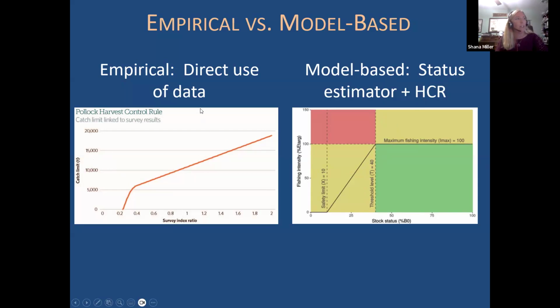So we have empirical and model-based harvest strategies. Empirical rules are sometimes viewed as simpler to execute and understand, and so those may be preferable. Model-based, some people feel more comfortable with because it's more similar to a stock assessment.